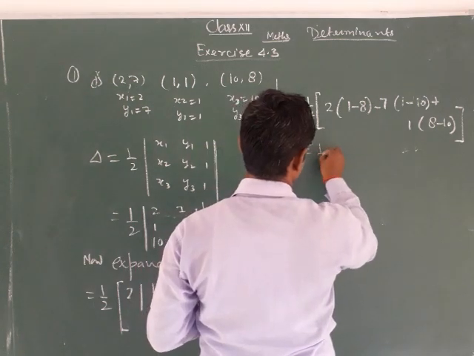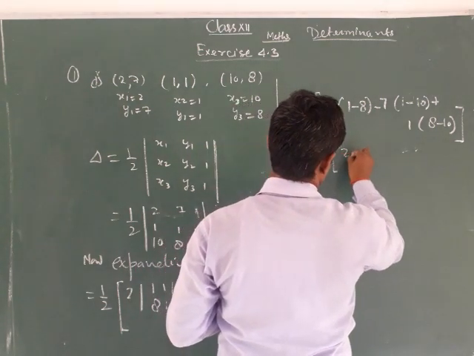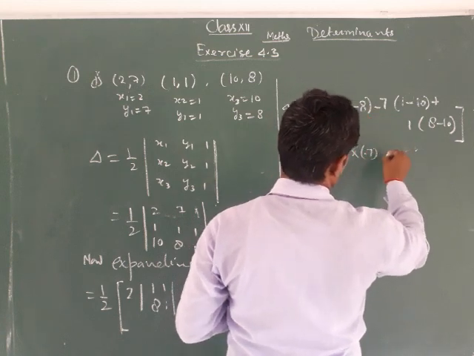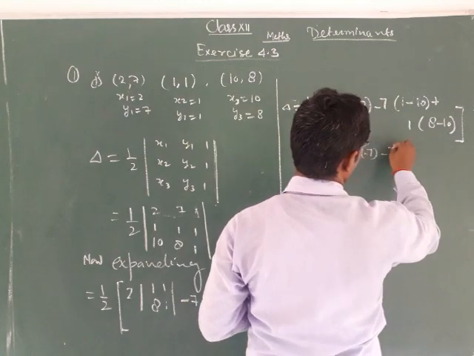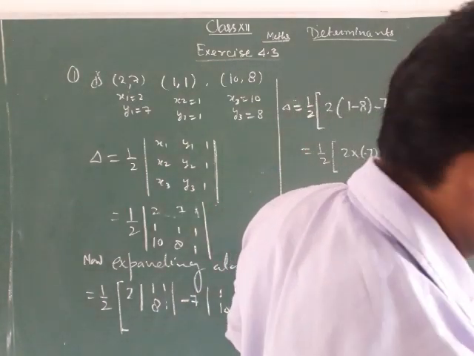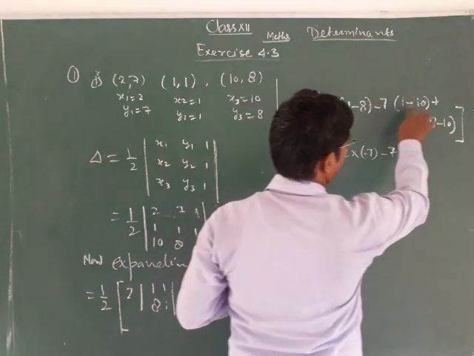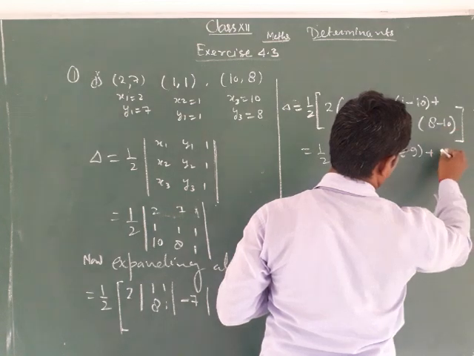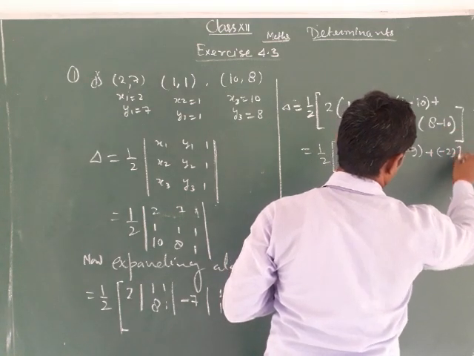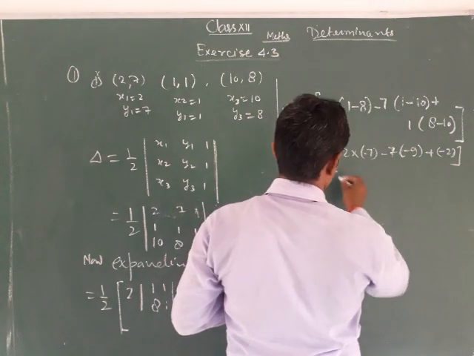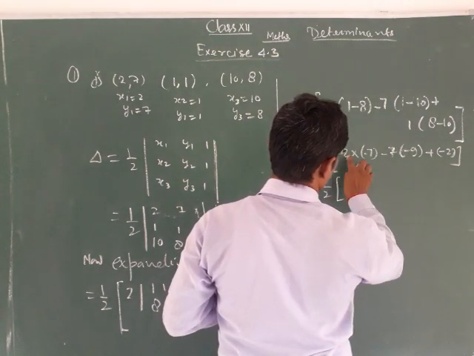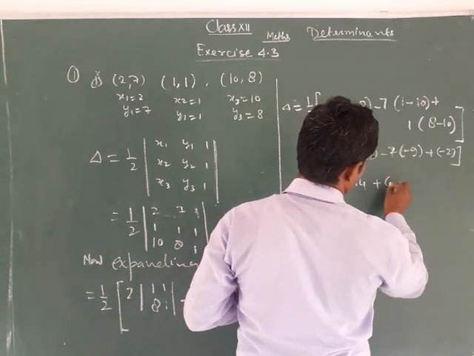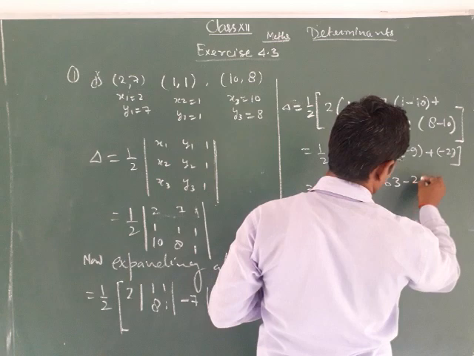Now calculate: 2 into (1 minus 8) is minus 7, and minus 7 into minus 9, and plus 1 into (8 minus 10) is minus 2. So 1 by 2 times (minus 14 plus 63 minus 2).